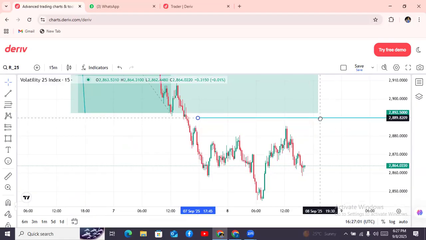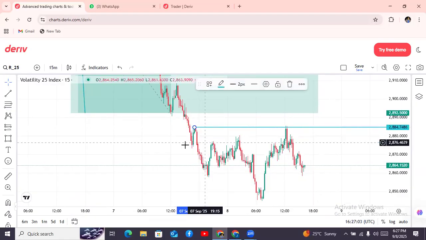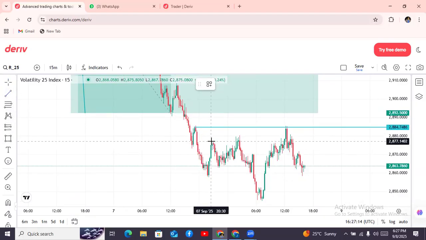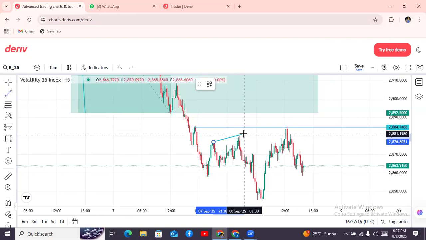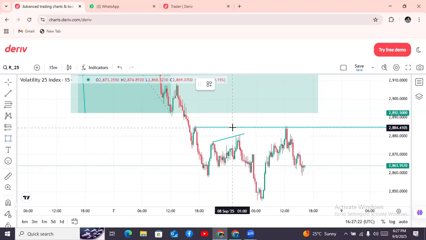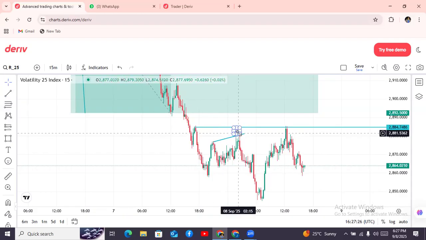Okay, so this is our hook point. That is our hook level or our resistance level. So then we can see double touches there. At the time, price did not come to liquidate that hook.